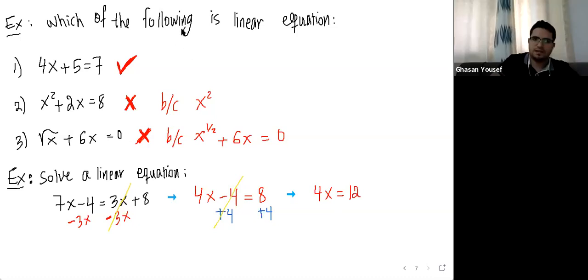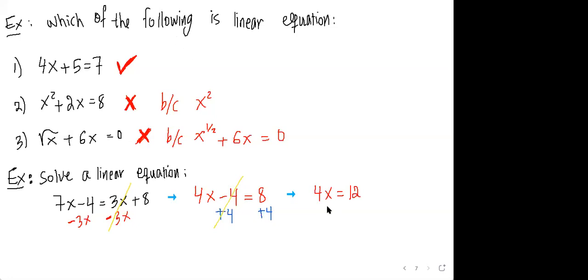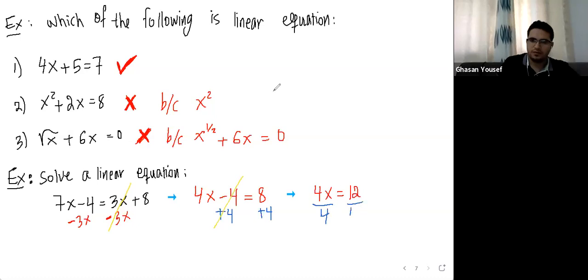Yes, exactly. So I divide by 4 on both sides. After dividing by 4, what do I get? x equals 12 over 4, and this is equal to 3.